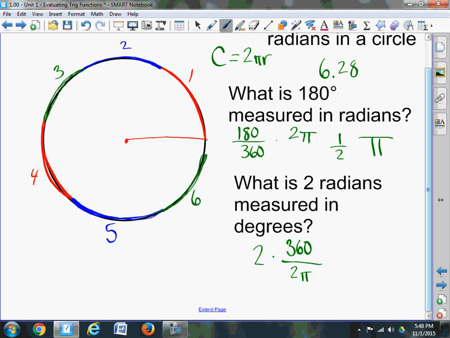Those 2's would cancel out, and we'd get 360 divided by pi. Pi is about 3, so that's about 120. Pi is a little bit more than 3, so I think it's something like 115 degrees.